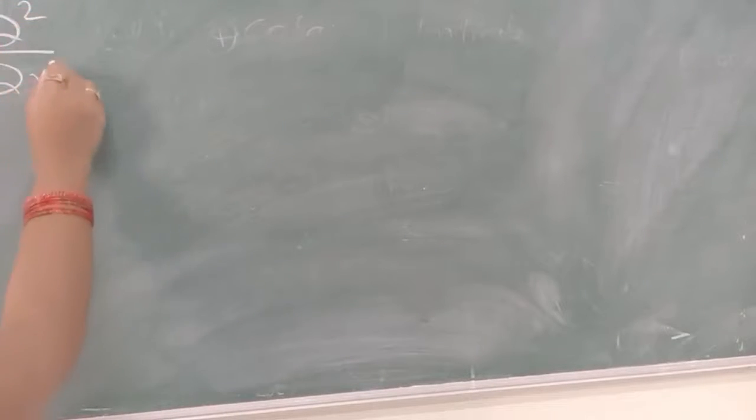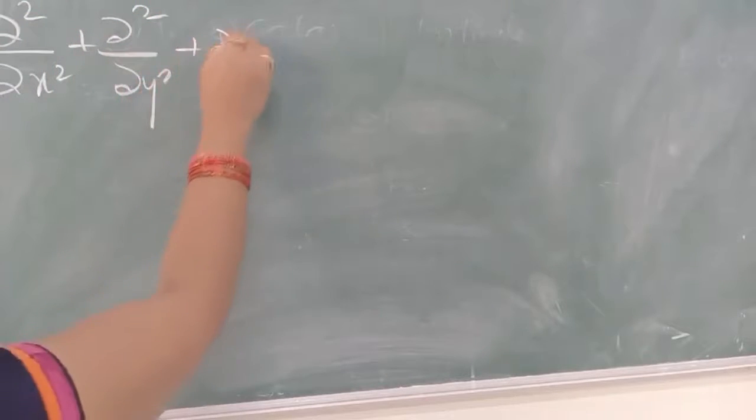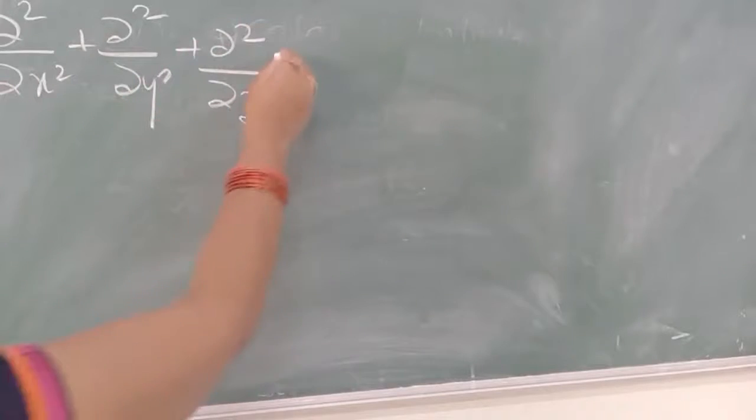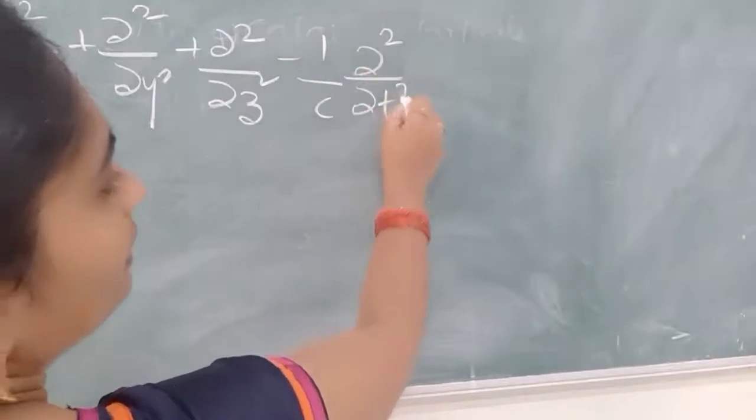Let me write that equation. Del square value is dou square by dou x square plus dou square by dou y square plus dou square by dou z square, this is the value of del square, minus 1 by c square dou square by dou t square.